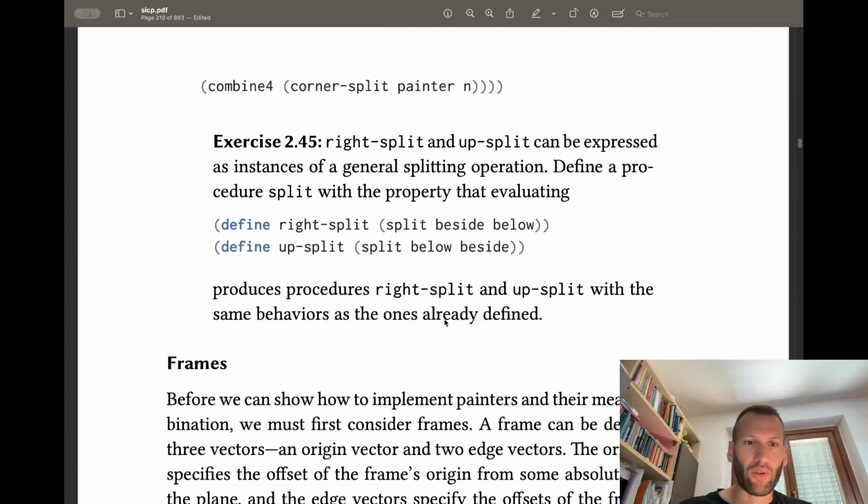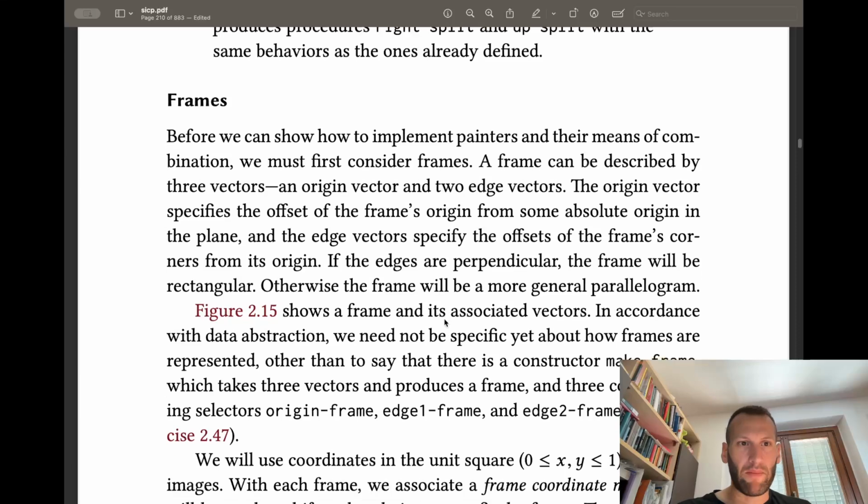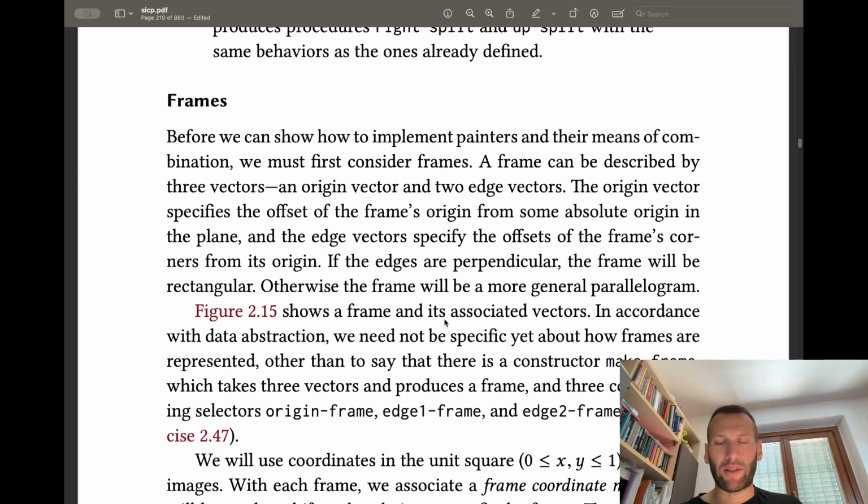Okay, exercise, frames. Before we can show how to implement painters and their means of combination, we must first consider frames. A frame can be described by 3 vectors, an origin vector and 2 edge vectors.